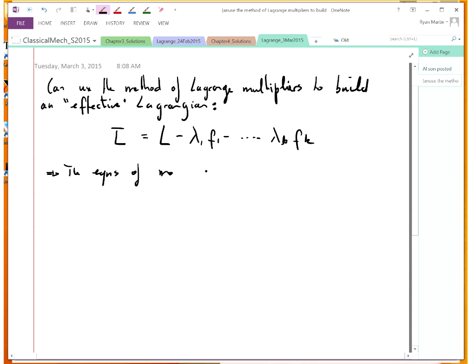So then the equations of motion are given by the same thing, the Euler-Lagrange equation, but now it's applied to L bar instead of L.